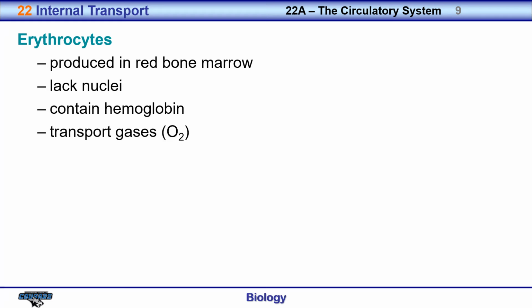Now, when oxygen is bound loosely to the iron-containing heme group in the hemoglobin, if you remember that from a previous chapter, the oxyhemoglobin is going to be a bright red color. So the blood is bright red because of the oxygen being carried by the hemoglobin in the form of oxyhemoglobin.